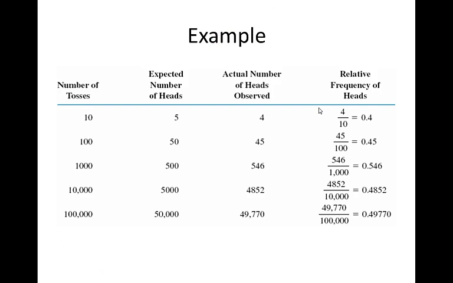Okay, here's another example where I've tossed a coin 10 times. I get 5 heads, which is about 40%. And we know the probability of getting a head on a toss of a coin is 1/2. We have 2 choices, a head or a tail. And notice our probabilities, as I increase the number of tosses, it actually gets closer and closer to the theoretical probability of 1/2.